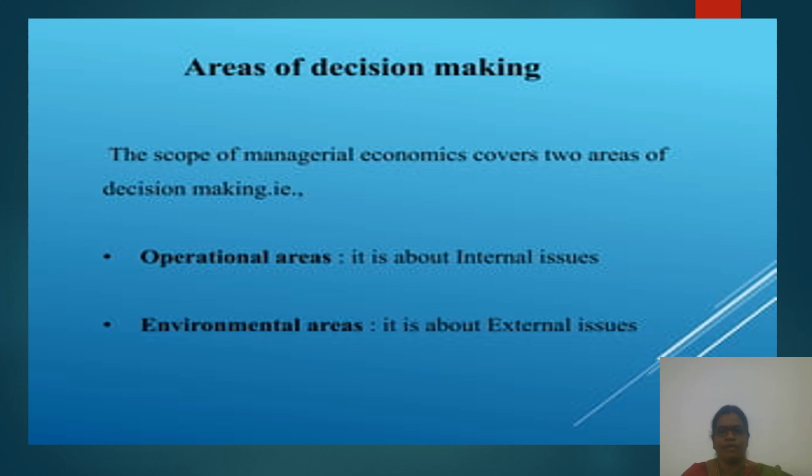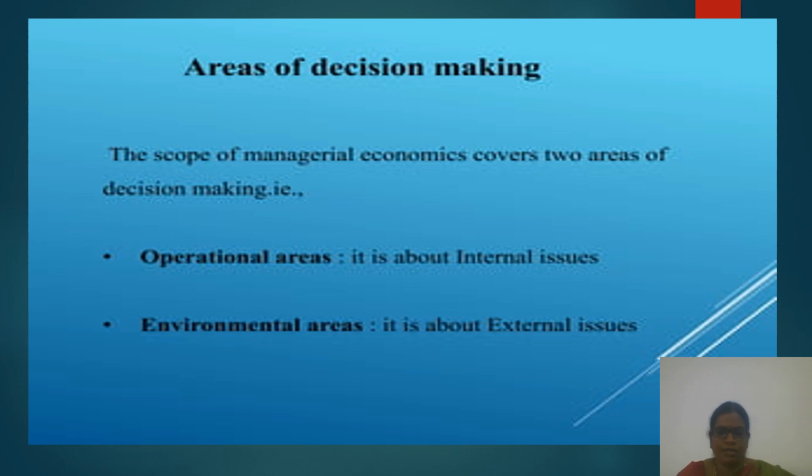Area of decision making. The scope of managerial economics covers two areas of decision making. The first is the operational area. It refers to the administration of business practices to create the highest level of efficiency possible within an organization.